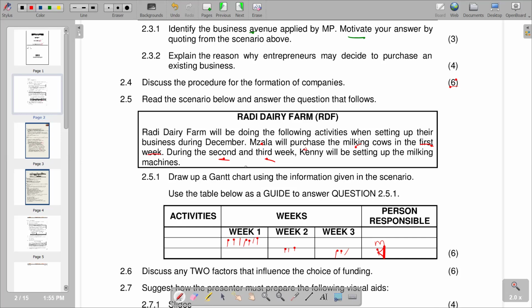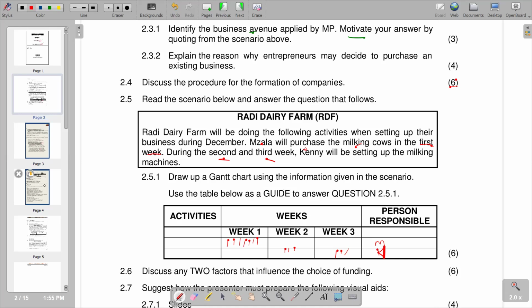In terms of allocation of weeks, it's now clear: the first week is Zala, and the second and third week is Kenny. The persons responsible are Zala and Kenny. For activities, Zala purchases the milking cows, and Kenny sets up the milking machines. As simple as that.